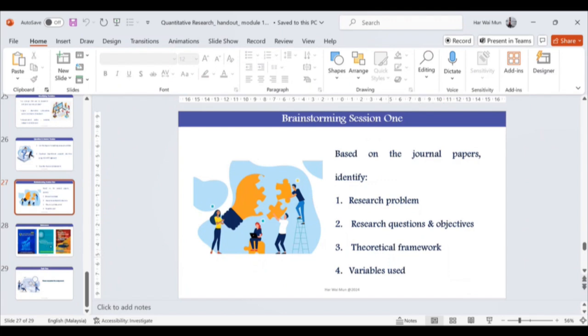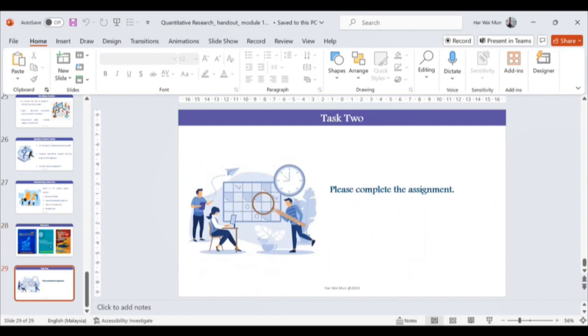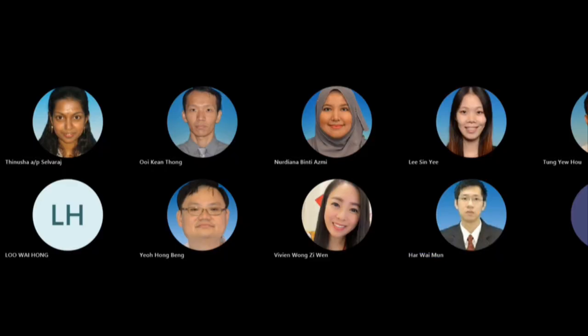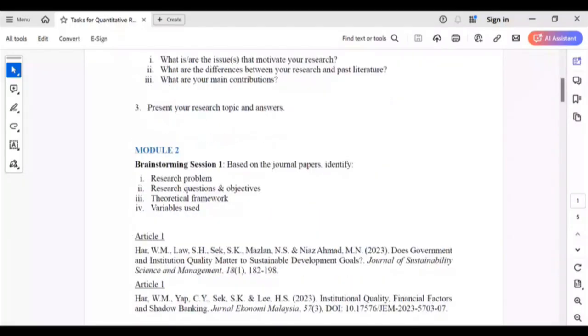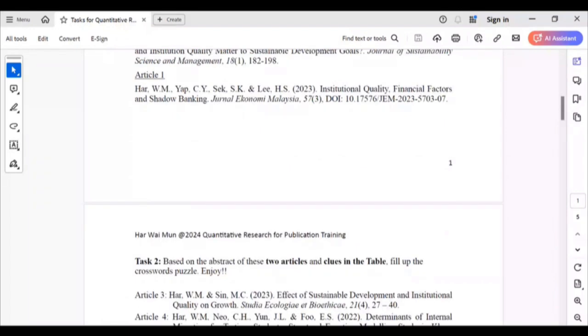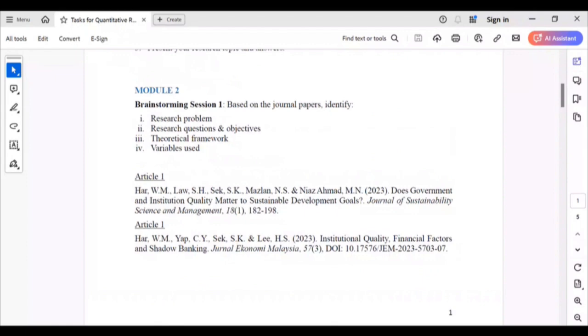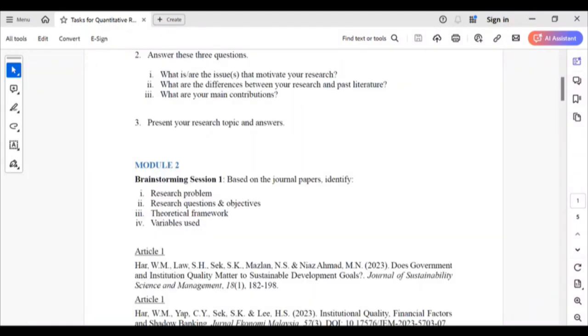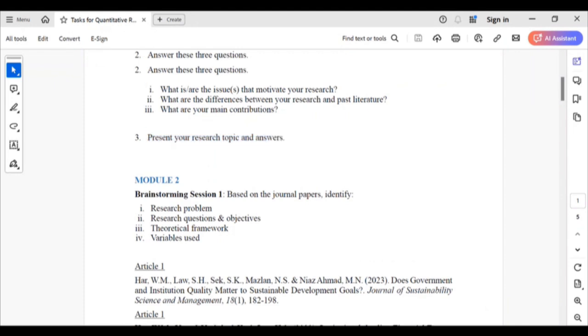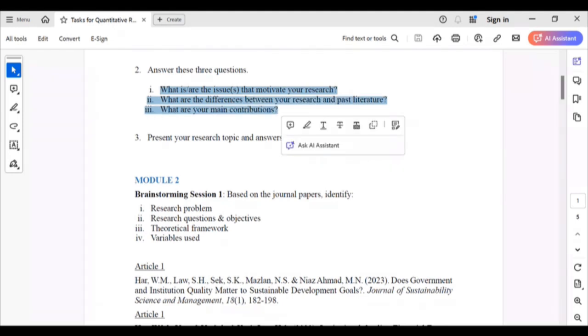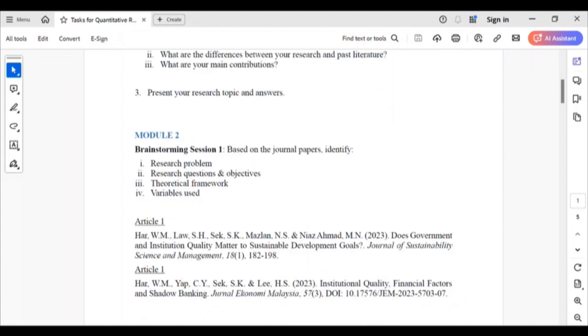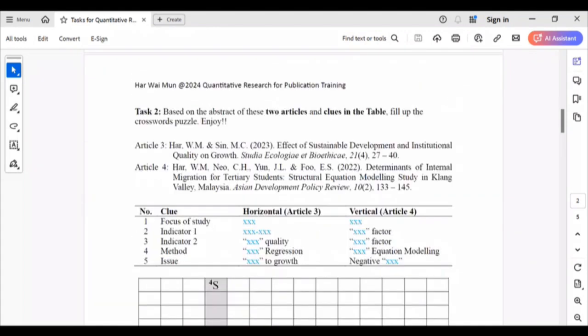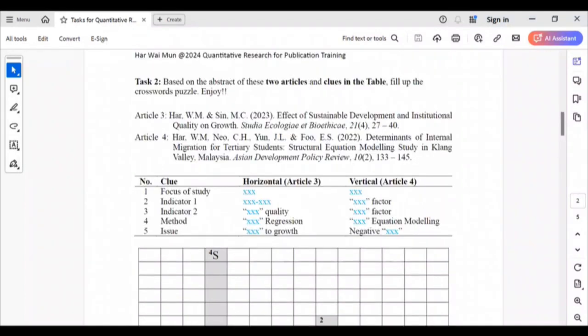This brainstorming section, I think will be hard. I think we can do this complete task assignment. Any more questions first? No? Anyone wish to present your topic? Anyone will present your topic and then answer these 3 questions? No. Okay. Maybe this one, you can do at home.